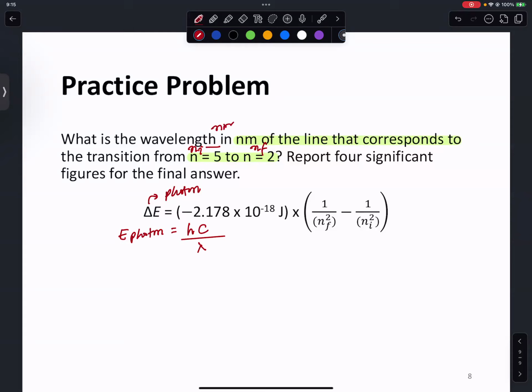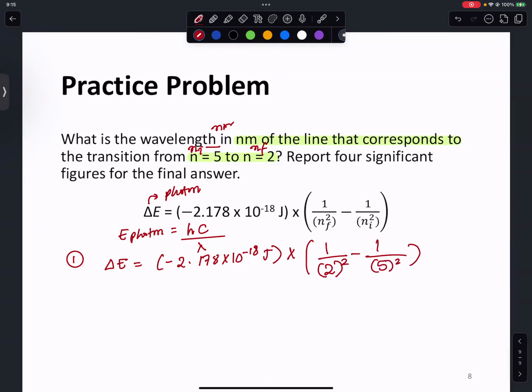Okay, so let's start with the first step, and I can say that delta E equals negative 2.178 times 10 to the negative 18 joules times 1 over 2 squared, because this is the final, minus 1 over 5 squared.